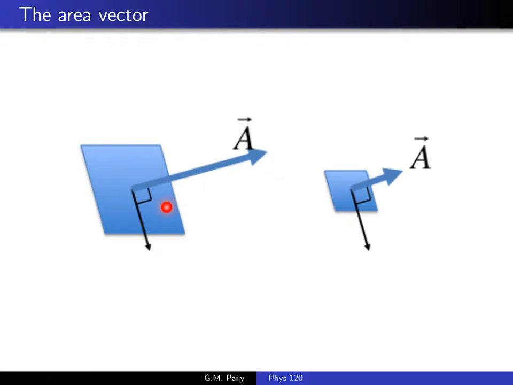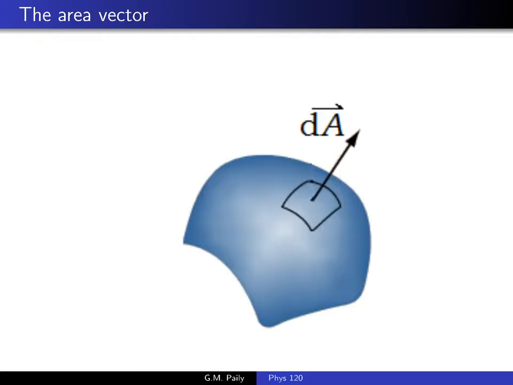So if you have a bigger area, you have a bigger arrow. If you have a curved surface, you divide it into little areas, dA. And for each of those little areas, if they're small enough, they look almost flat, and you can define a perpendicular to that surface, a normal to that surface. And that will be a little area vector, dA.